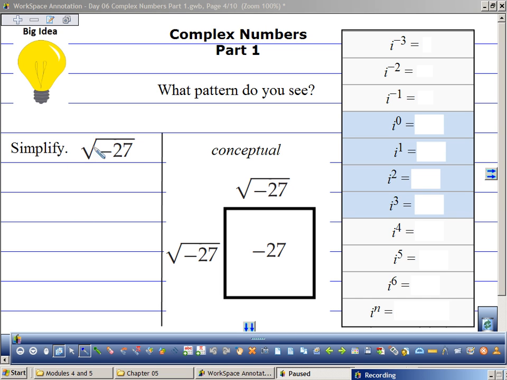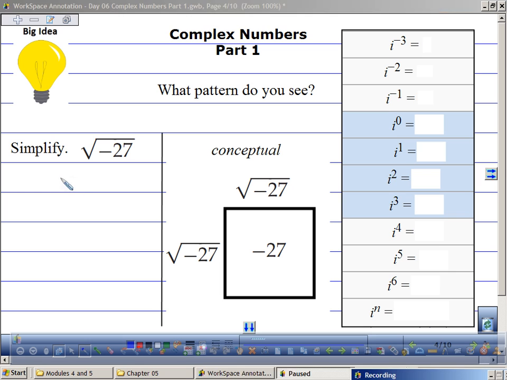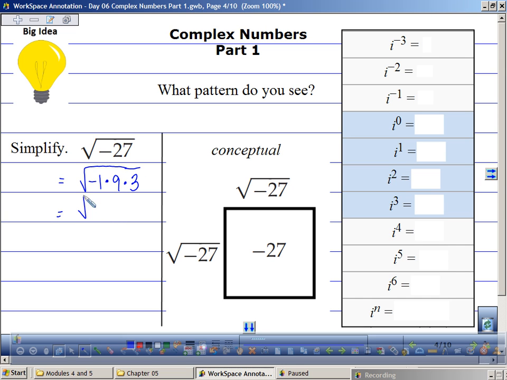So the square root of negative 27 is the square root of negative 1 times 9 times 3, which equals negative 1 times 3 squared times 3, which equals 3 square root of negative 1 times 3.